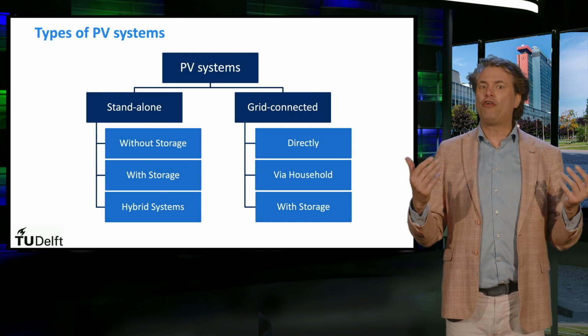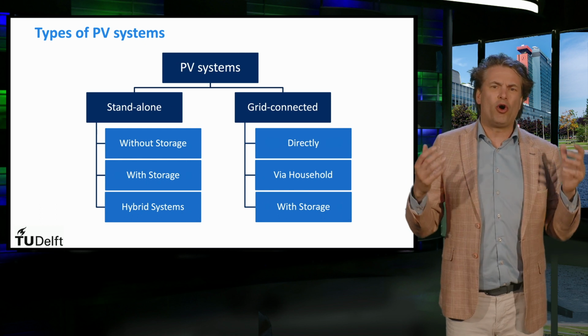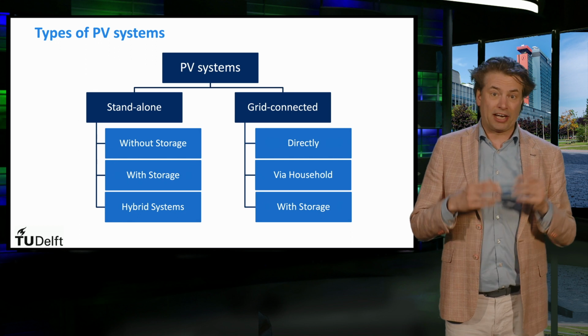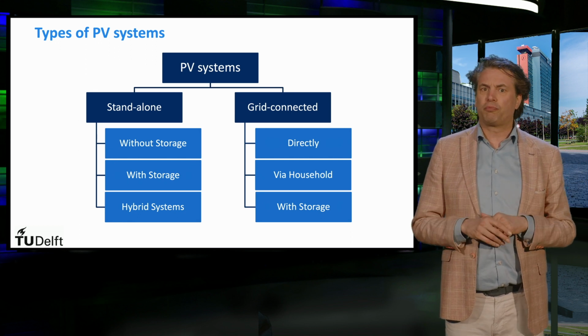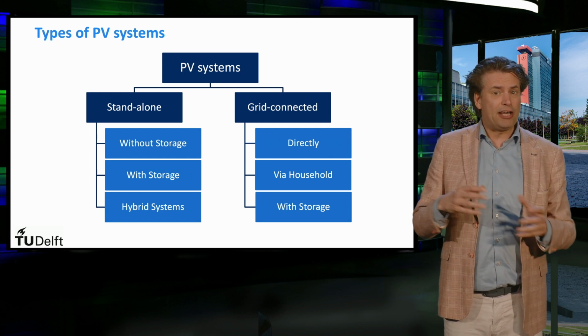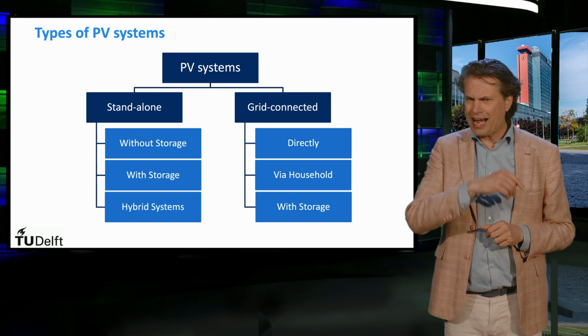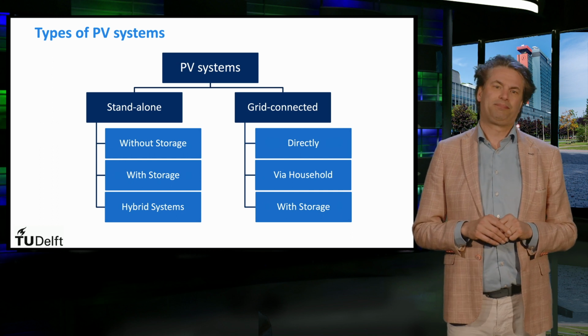As we will see over the next couple of slides, the first two subgroups rely only on solar power. These subgroups can include energy storage such as batteries. The third subgroup instead is a hybrid system where the PV production is coupled either with wind turbines or with a diesel generator. Let's go through these configurations one by one.